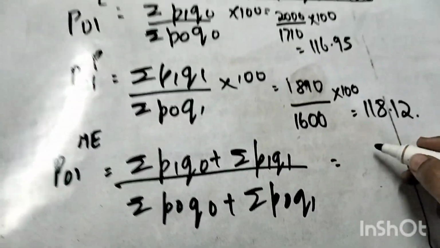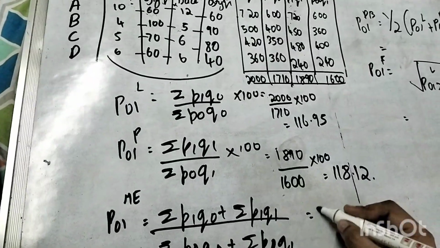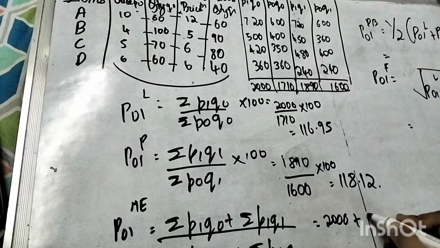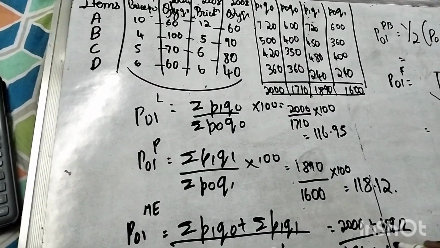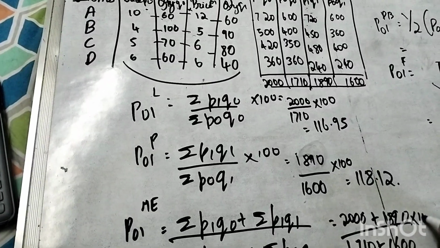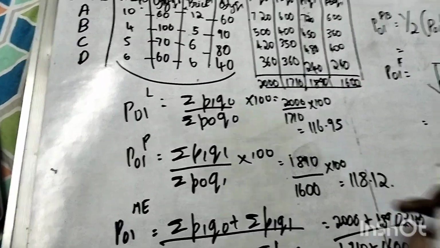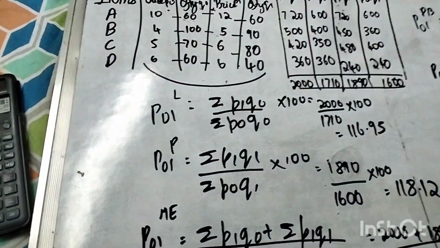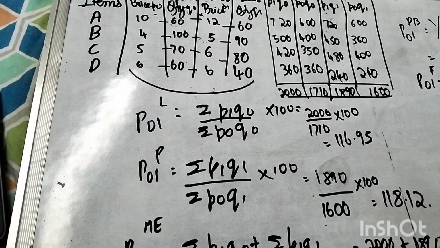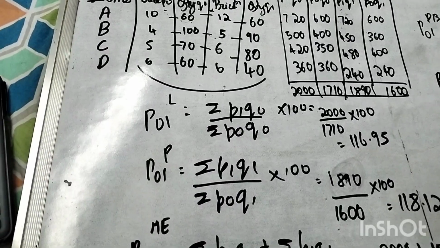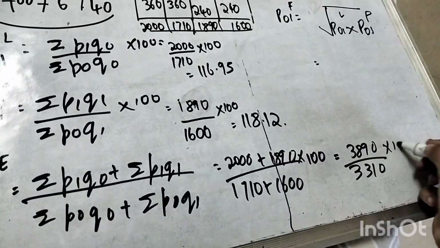So that's 2000 plus 1890 divided by 1710 plus 1600 into 100. Okay, into 100. So it's going to be 3890 divided by 3310 into 100.